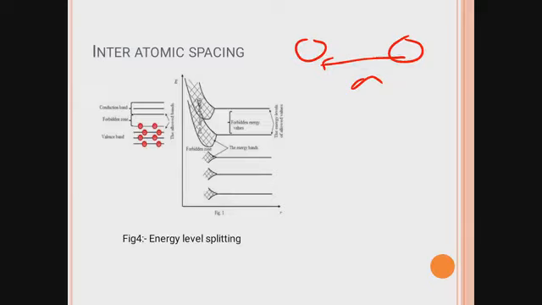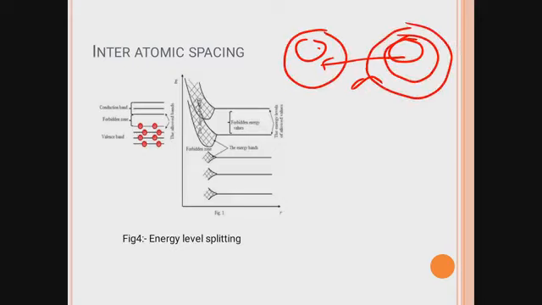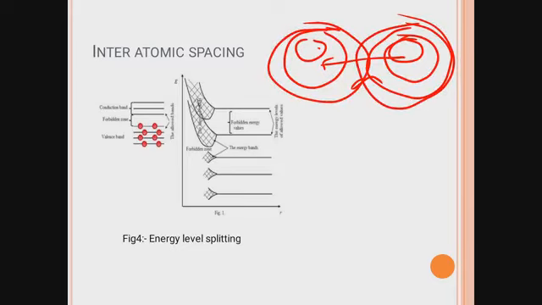That means you can also say that if the interatomic spacing is decreased, the outer orbits will overlap after a certain point.